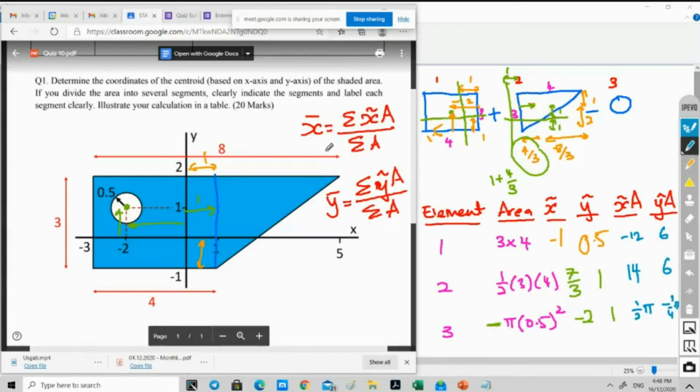So to apply this x bar and y bar equation, we just add the summation of area down here, and then the summation of xA for this one, and the summation of yA for this one, right? So plug in the values, and you should get the answer. And do go back to the question to see whether they specify what type of answer they want. For example, determine the coordinate.